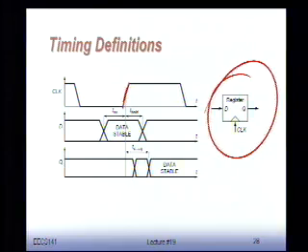Remember, the register is going to sample the input at the rising edge of that clock. Suppose now that my input changes exactly at the same time. So you're sampling exactly at the same time as the input changes. What's the output going to look like? Is it going to be the previous value, or the new value? That's pretty hard to know. We don't know. It's non-deterministic.